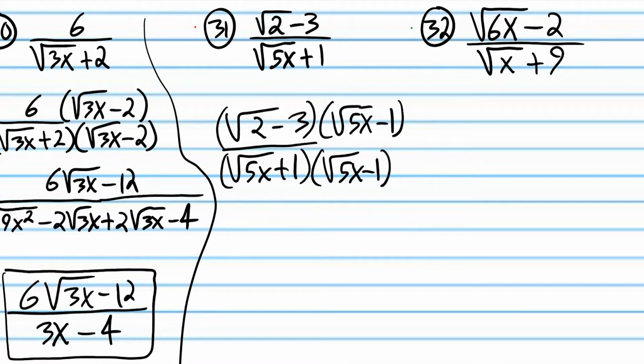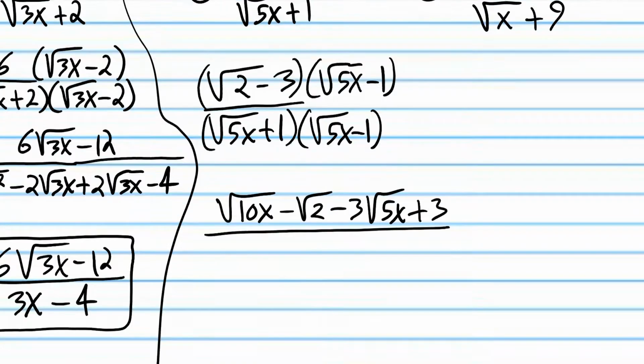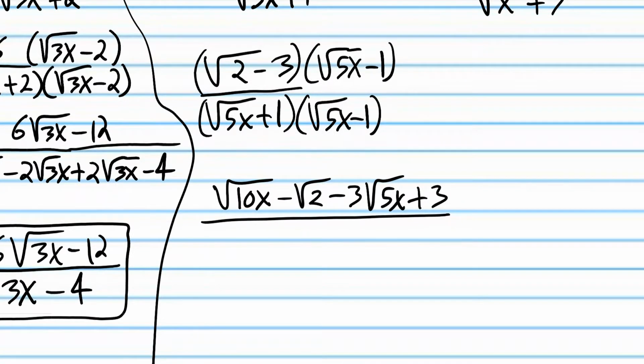So now we're going to FOIL in the top, and we get root 10x minus root 2 minus 3 root 5x plus 3. In the bottom, we just get root 25x squared, but that's just going to end up being 5x. So I'm just going to jump forward on this stuff.